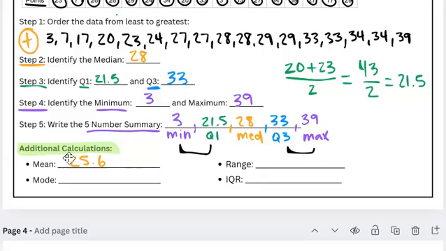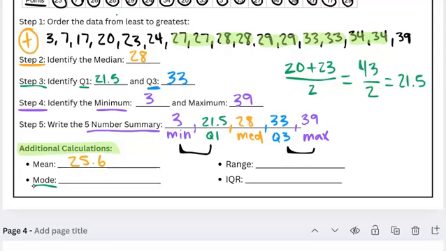Mode is the next word. Mode is the number that occurs the most often in a data set. So if we look at our data, we can see if we have any repeated values. So I see I have 27 repeated. 28 also repeats, 29, 33, and 34.